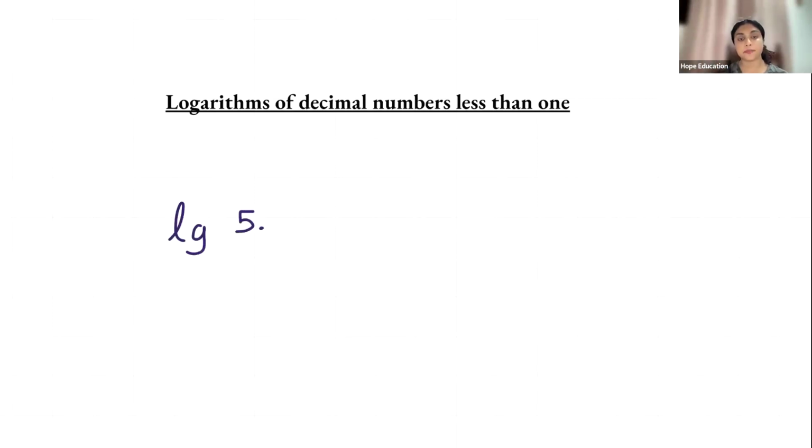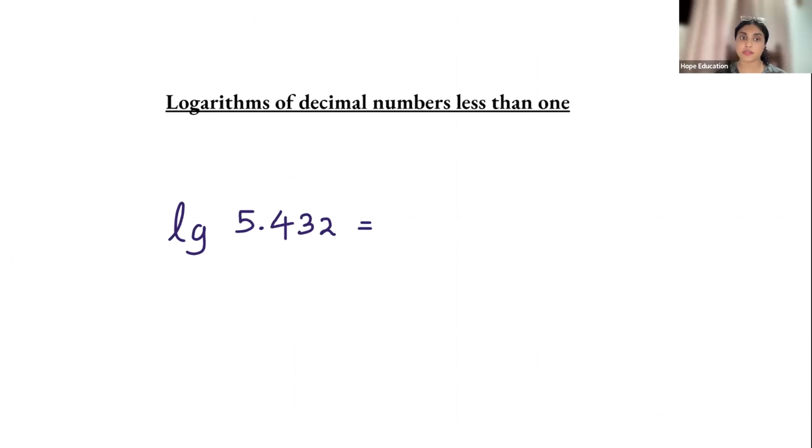Now listen carefully. 5.432. Can you all find the log value of this and tell me? Quickly find the log value of this. I hope all of you have the log table with you.